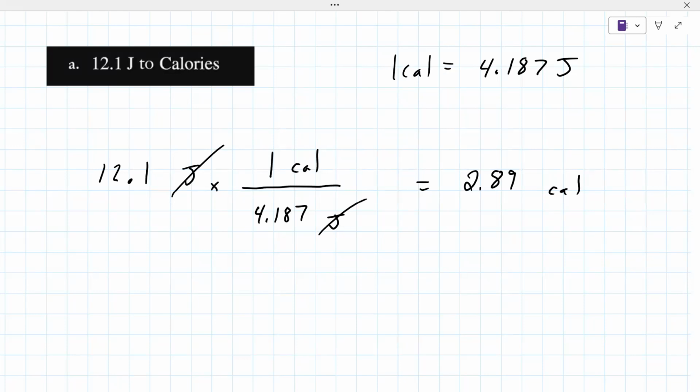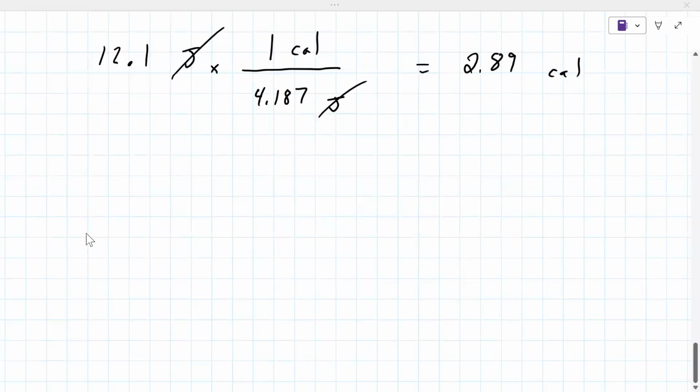Let's look at another. Part B is kilojoules to calories. The first thing is that we need to convert kilojoules to joules. You always start with the given quantities. How many joules are in a kilojoule? Do you remember?